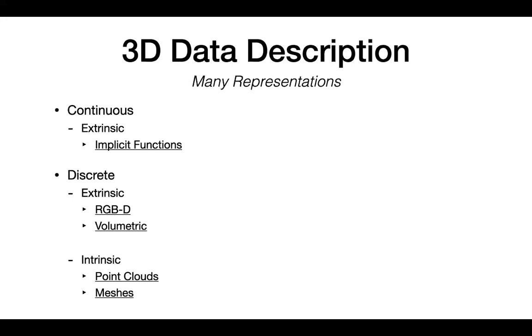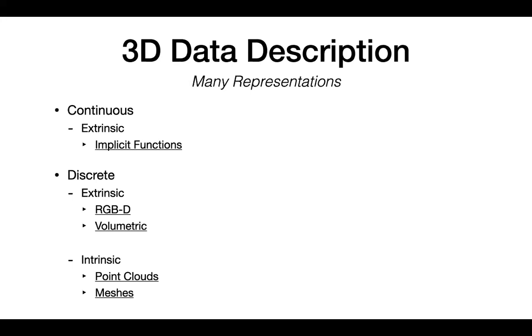But then you can define and describe the function that describes this surface, only considering the function without regard to where that surface is in space. So that would be an intrinsic description.